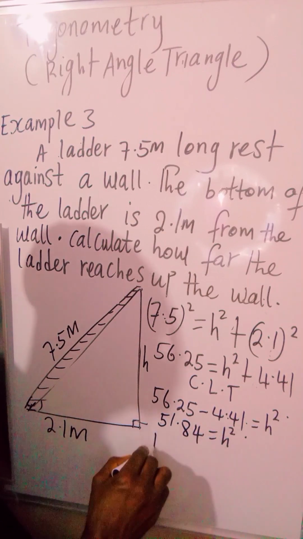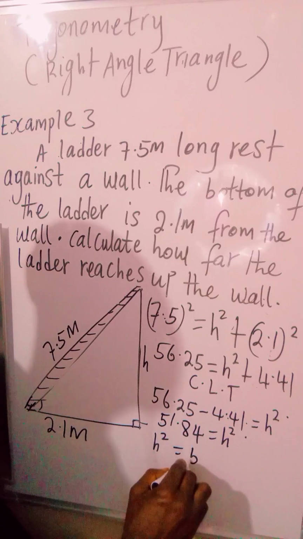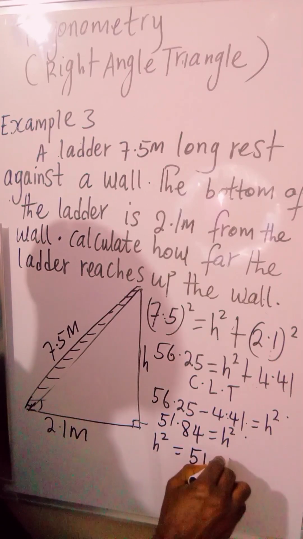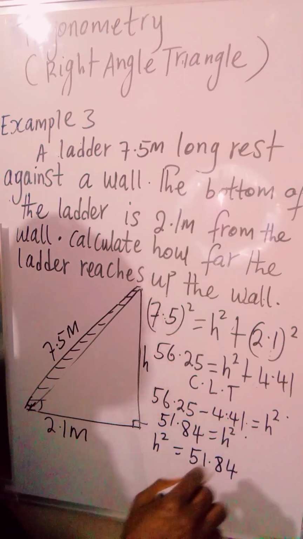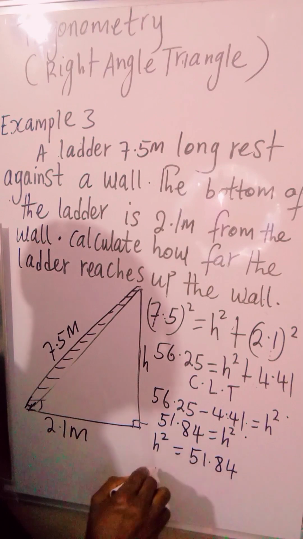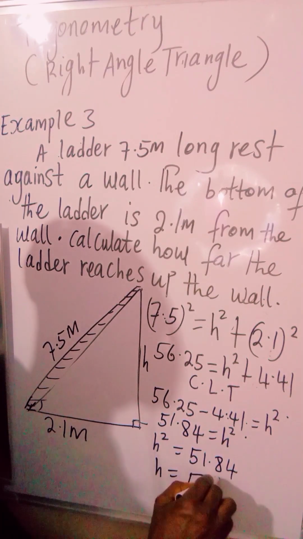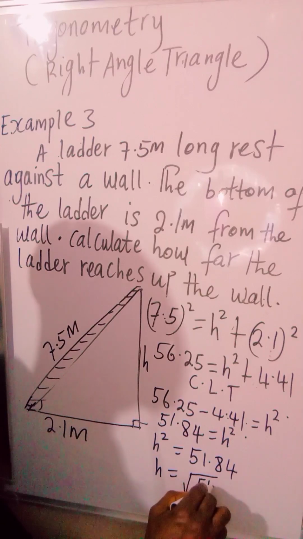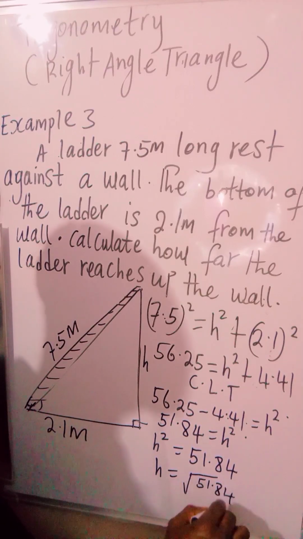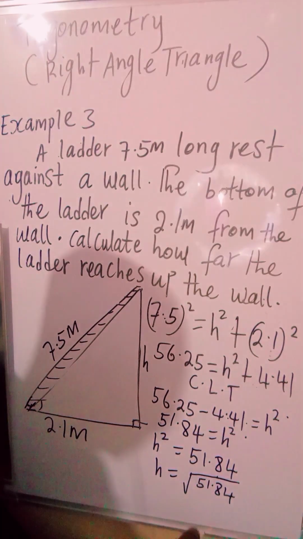So let me bring h squared to my left hand side and 51.84 to my right hand side. If you take the square root, the square of h implies the square root of my right hand side, meaning the square root of 51.84.